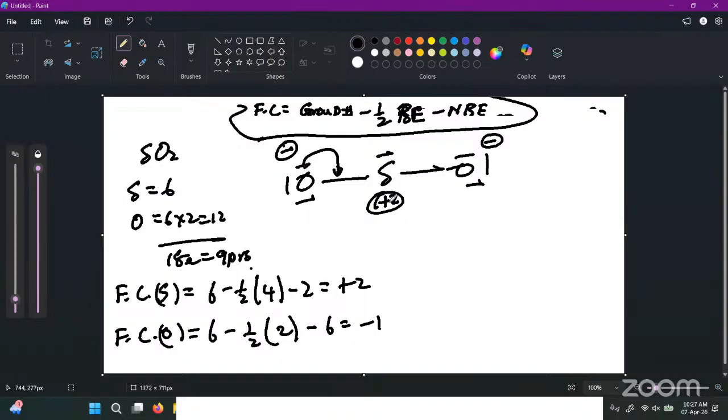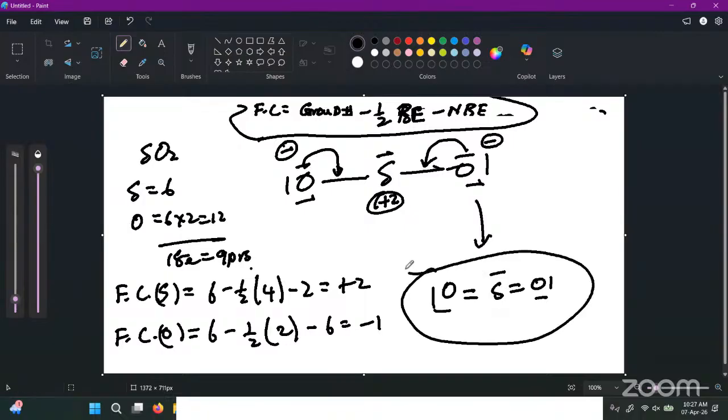This negative charge will cancel out one of these 2 plus charges. This pair of electrons will come here. That negative charge will cancel out the remaining plus charge. So therefore, the final answer is going to be double bond S, double bond O. And that's it. All right, so that would be the Lewis structure for sulfur dioxide.